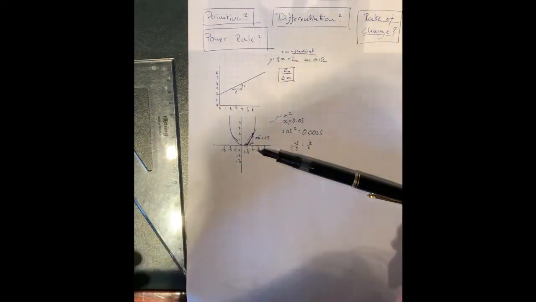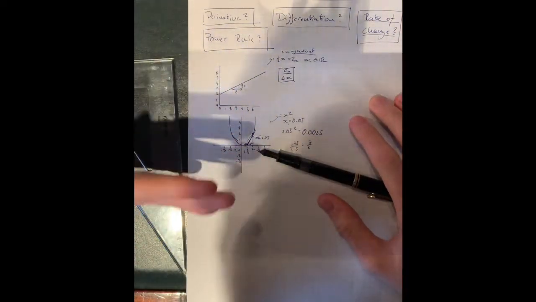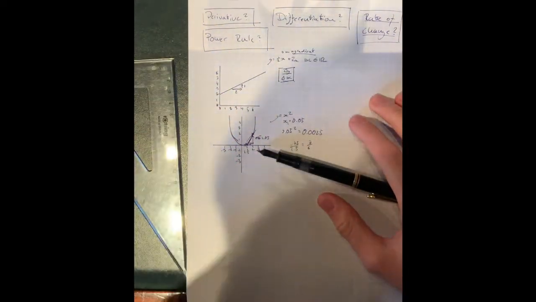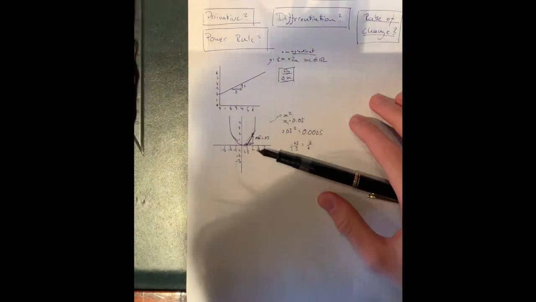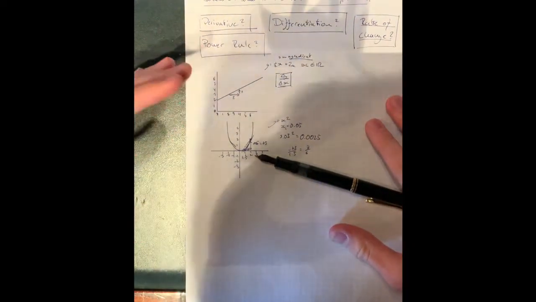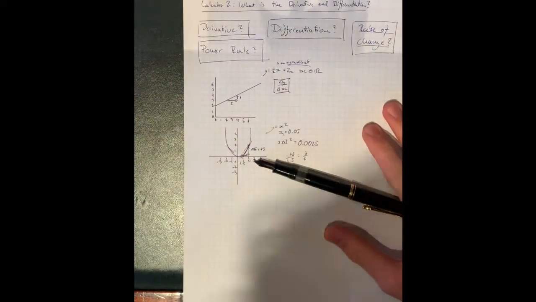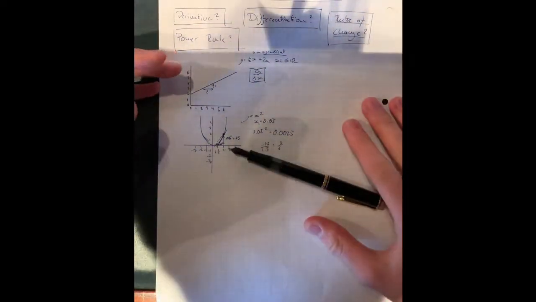But the reason we don't really do that anymore at this level is because it's slow, it's inaccurate, and it's just an inferior method to the tools in calculus that Newton and Leibniz already invented for us.